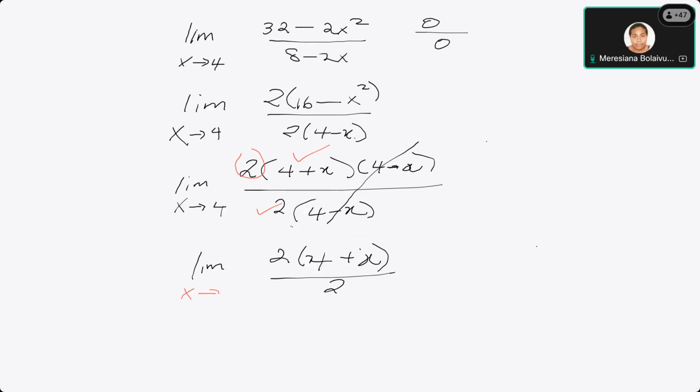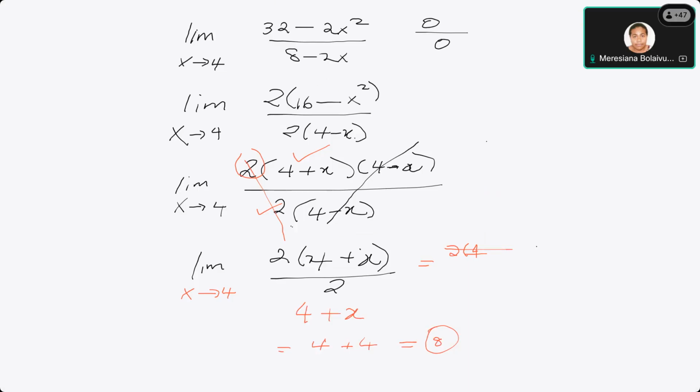And then when you substitute 4, you cancel 2 and 2, so you're left with 4 plus x, and then we have 4 plus 4, and our limit is equal to 8.